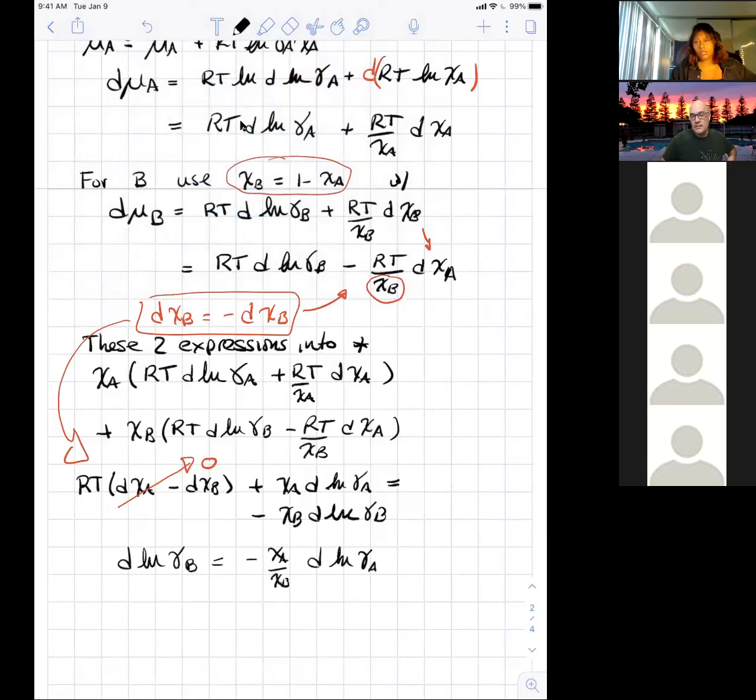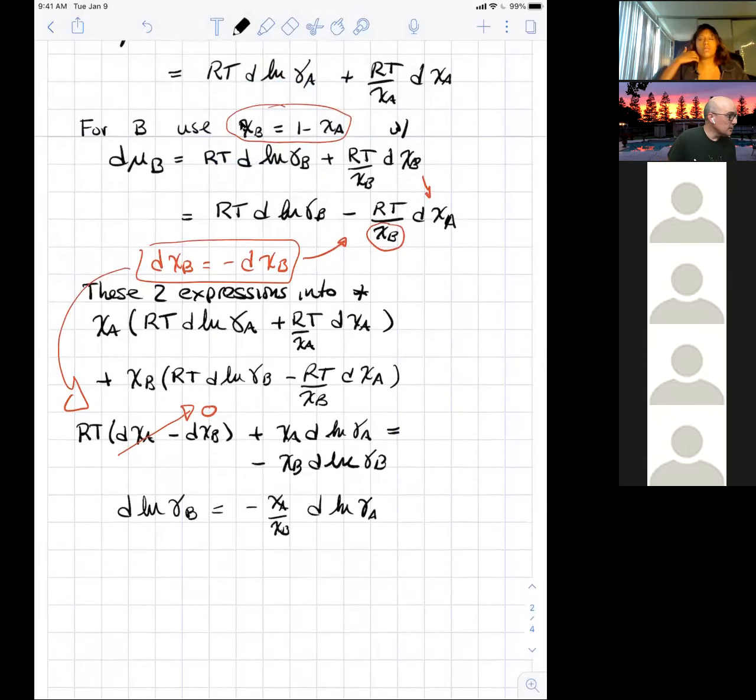So this is the pseudo foggy intuitive relationship between the activity coefficients. You know, they're dependent on each other because they're in the mixture together, right?